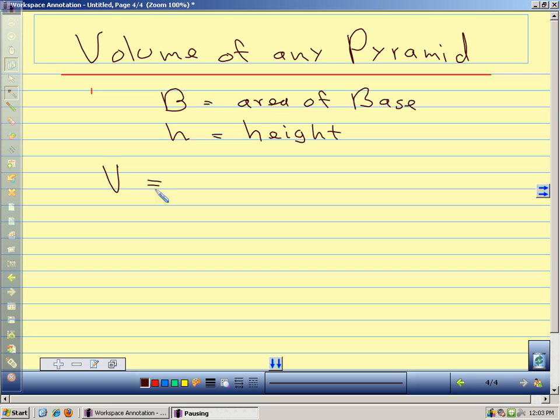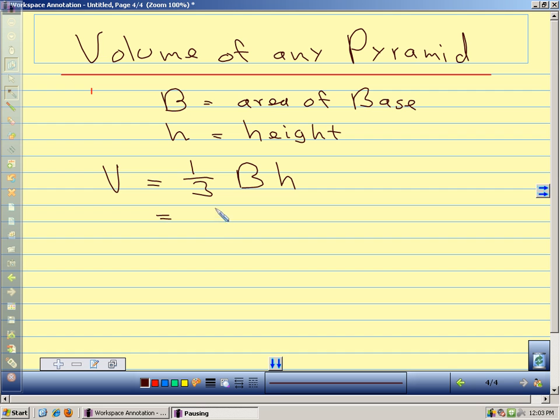So is the volume of the pyramid, if it had the same base and the same height, going to be less or more than the prism? Less. Anybody want to guess how much less? A lot less. Half? Pretty good guess. Turns out that the volume is 1/3 the area of the base times the height. So the volume of a pyramid is 1/3 the volume of a prism with the same base and height.